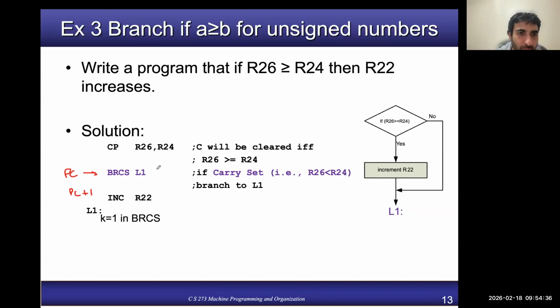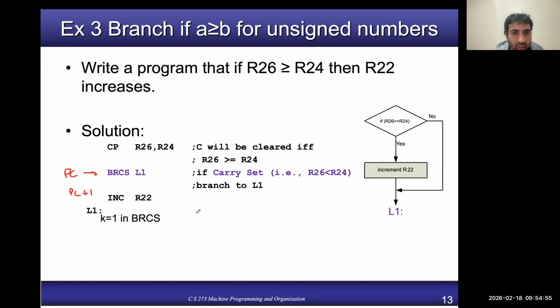So if the branch is taken, let's say that R26 is smaller than R24, then what will happen? You are saying, okay, go to L1. So what will be the value of K?